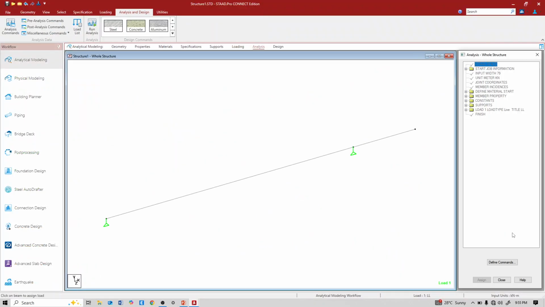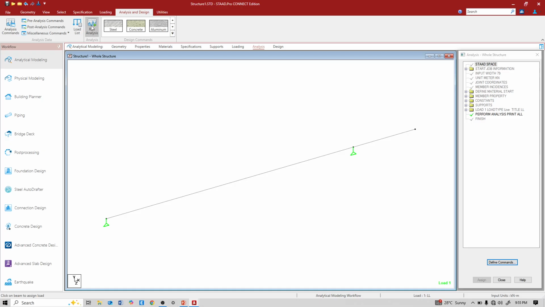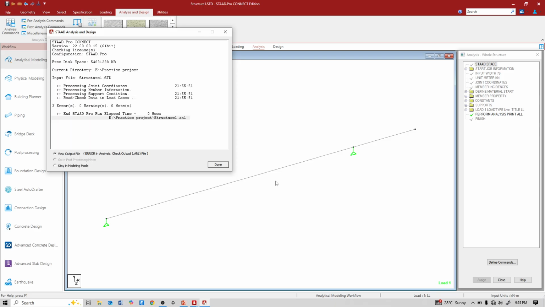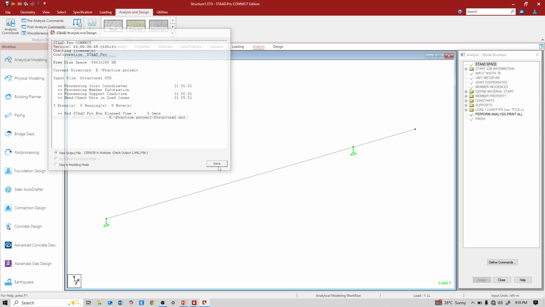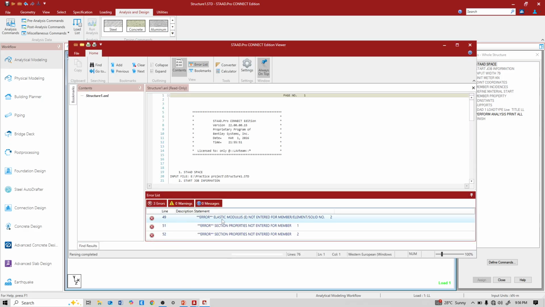Now analysis. Define command. All. Add. Close and run analysis. Save. So three errors are coming. Elastic modulus not entered, section properties not entered.